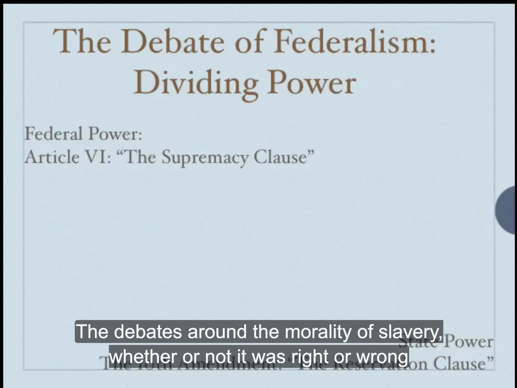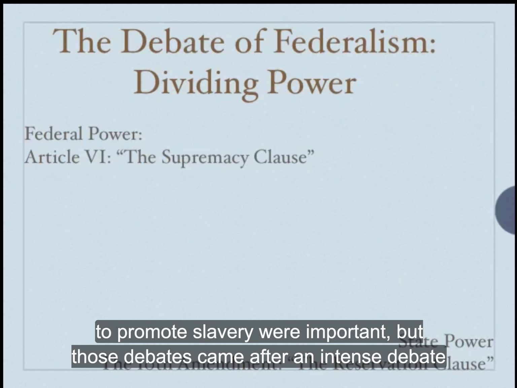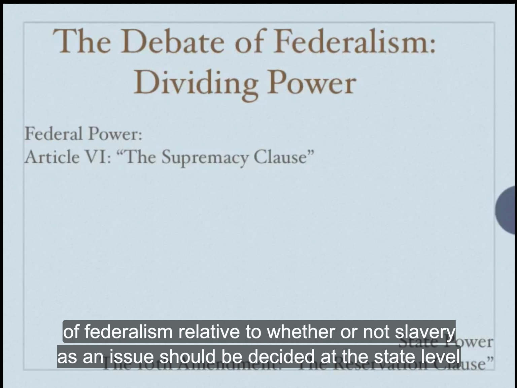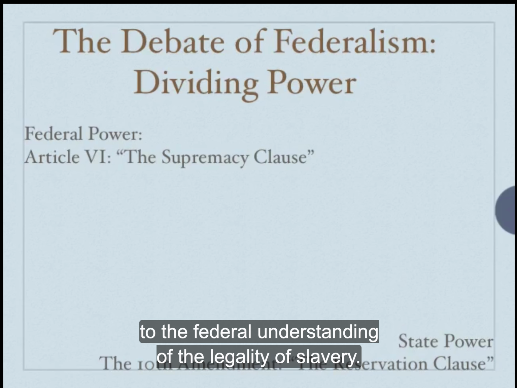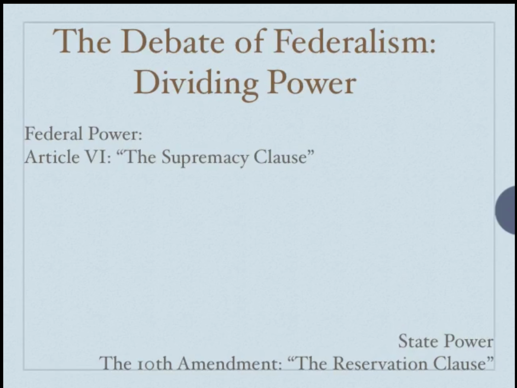The debates around the morality of slavery, whether or not it was right or wrong to promote slavery, were important. But those debates came after an intense debate of federalism relative to whether or not slavery as an issue should be decided at the state level or at the federal level, whereby all states would be bound to the federal understanding of the legality of slavery.